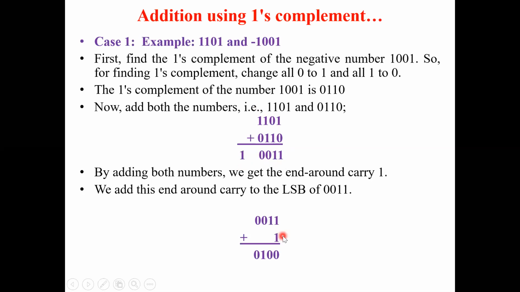So I'm adding that 1 at the end. When I add that 1, 1 plus 0 is 1, then 1 plus 1 is 0 with carry 1, and so on, giving the final answer.